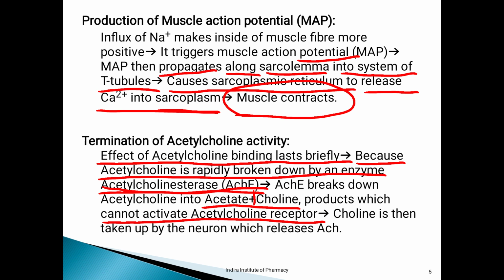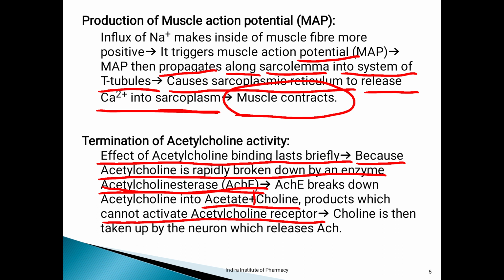So the somatic motor neuron takes the choline part, and it will be used for biosynthesis of acetylcholine, and that's how acetylcholine will be formed again. Again it will be packed in the synaptic vesicle. It is ready for the next cycle of the neuromuscular junction, that is, muscle contraction.